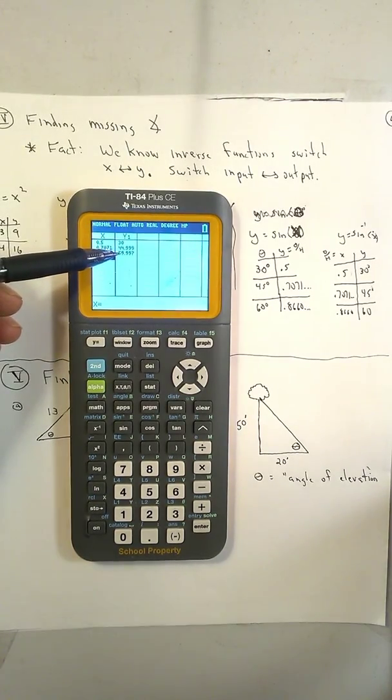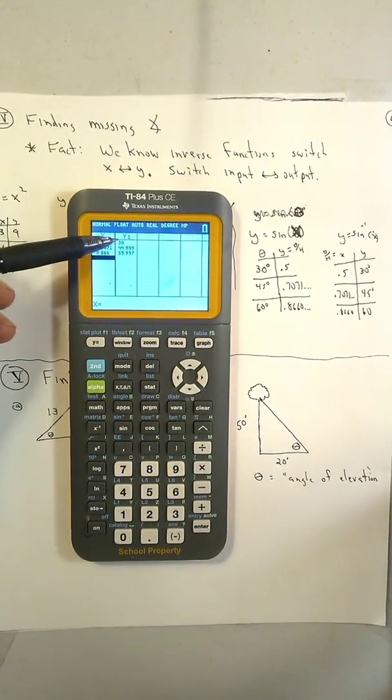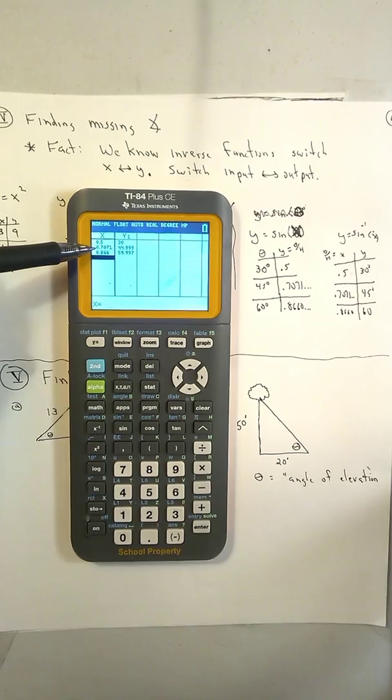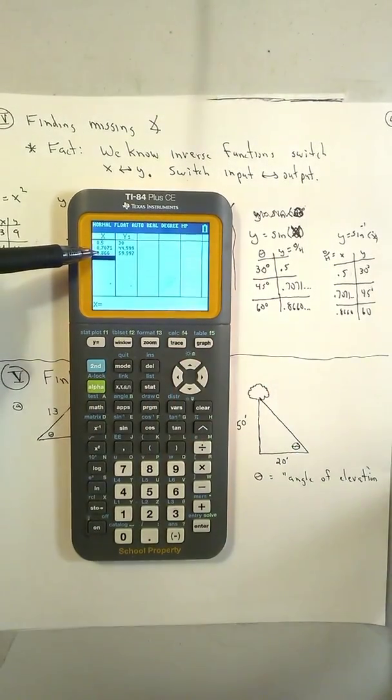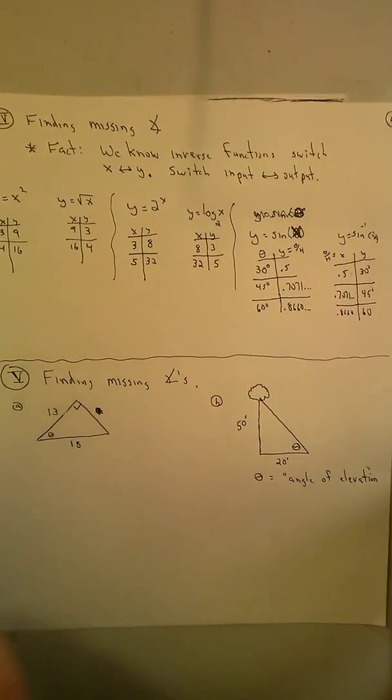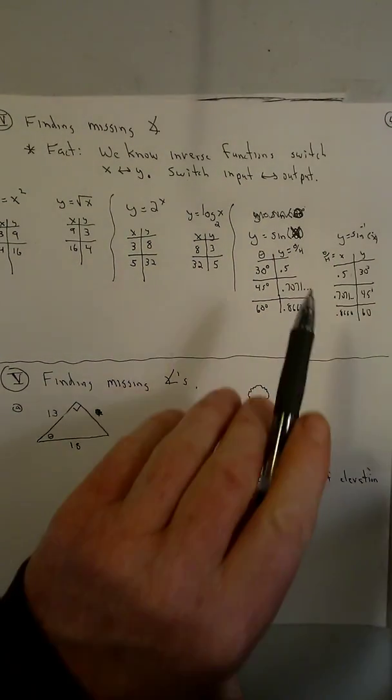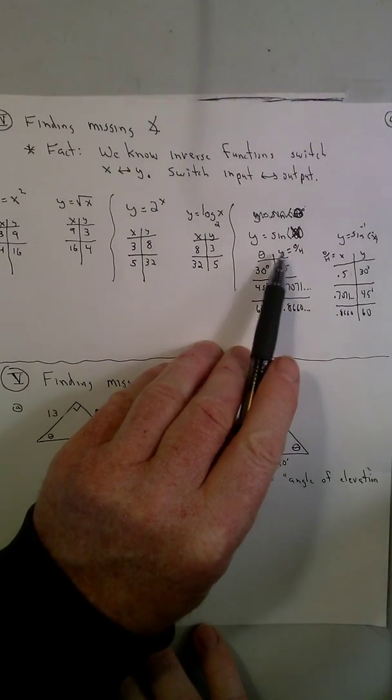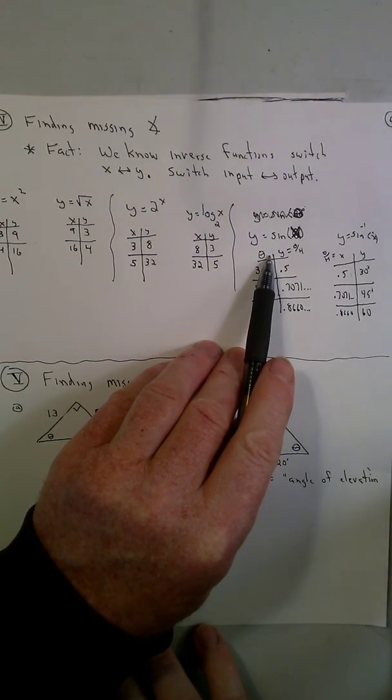Now I don't know if you guys remember from geometry that there are some actual values here, like the cosine and sine of 45 is actually square root of 2 over 2. So this is just decimal approximations to what it really comes out to be. But the thing to remember is that when you have inverses, the output and the input switch.